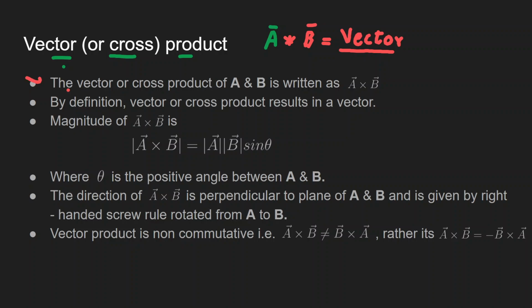The vector or cross product of A and B can be written as A cross B. So the operation which we are doing is cross. Don't get confused and take this as a multiplication sign. This is the cross. We read it as cross.